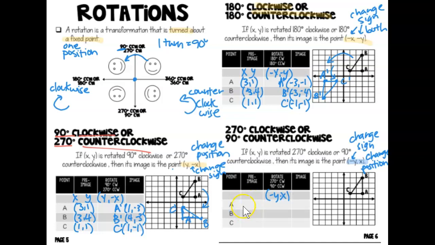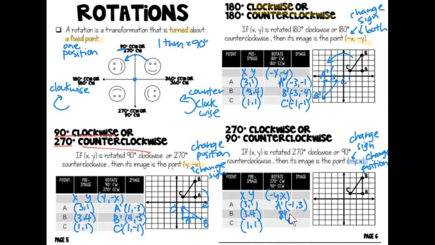Okay, I'm going to copy down my points one final time: (3, 1), (3, 4), and (1, 1). So I want to change the sign of y. So negative 1 for my A prime, and x no change, just the position, 3.